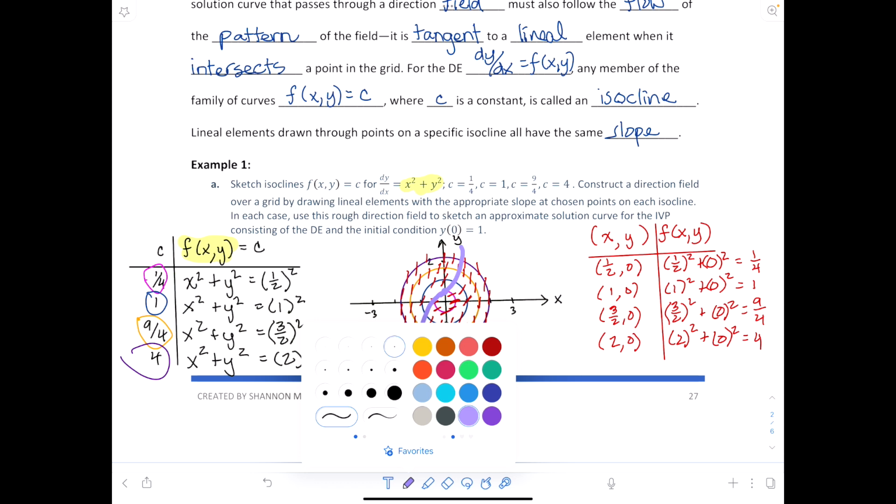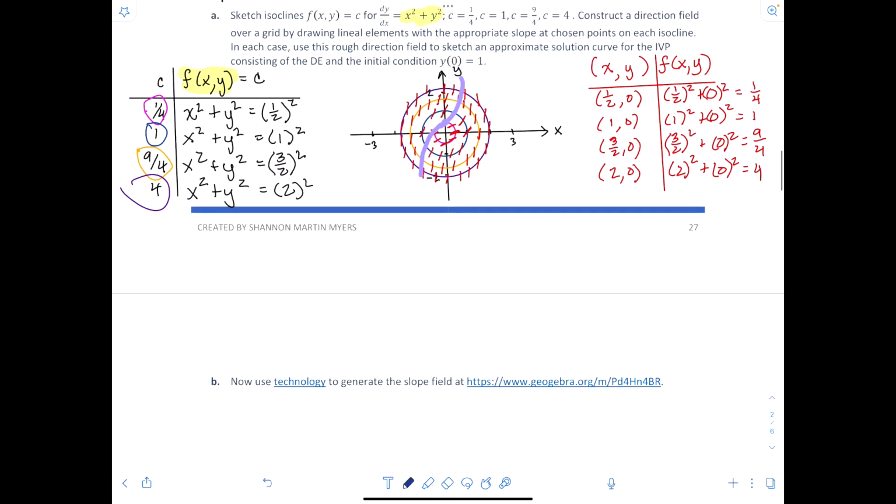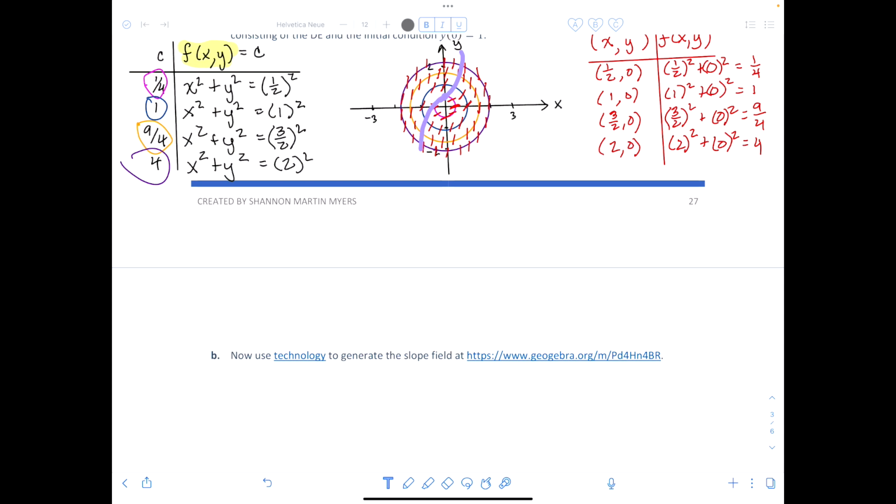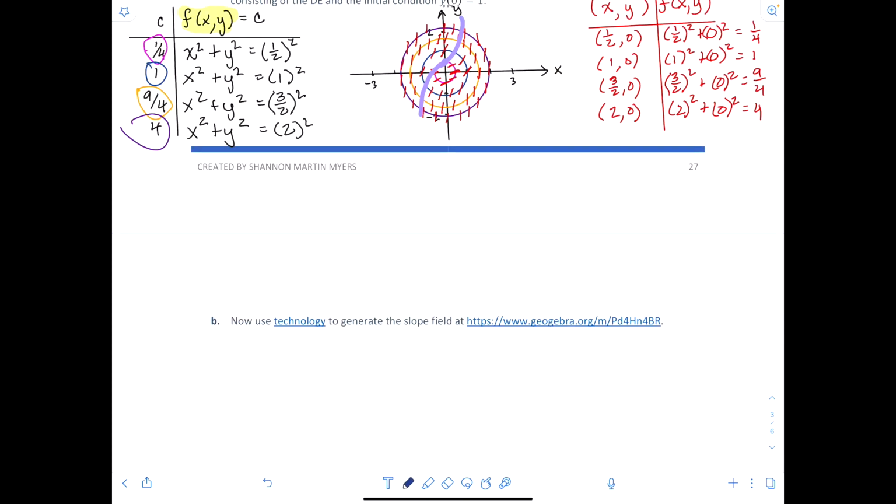All right, so now we'll go back and let's use some technology to generate the slope field. So somebody made this slope field. Hopefully I can select it. Maybe not. Okay, I think I still have it up here.